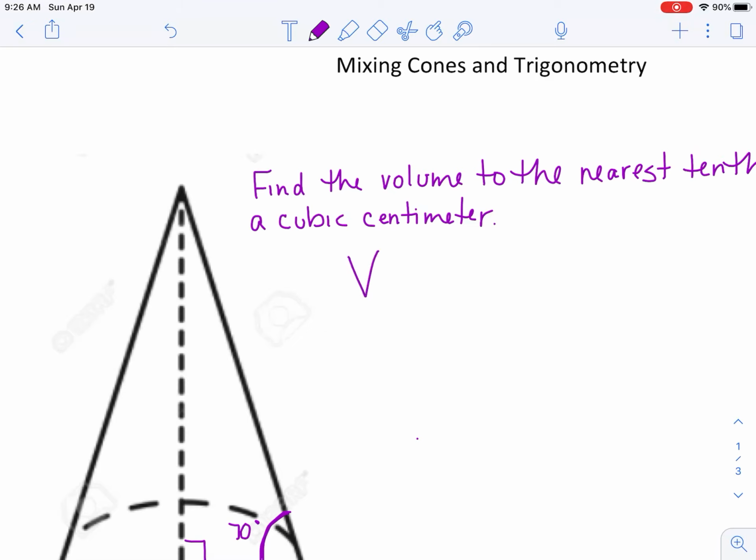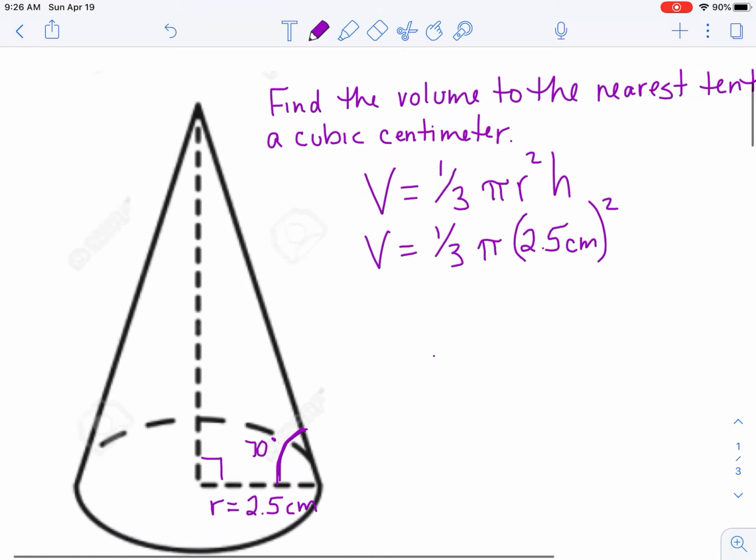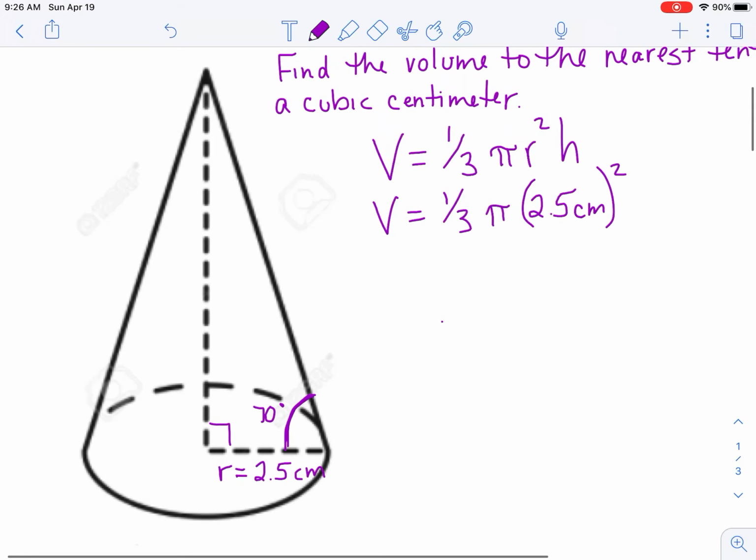Okay, you should be thinking to yourself from yesterday, the volume of a cone is 1/3 pi r squared h. Once again, I know the radius is 2.5 centimeters. I need the height.